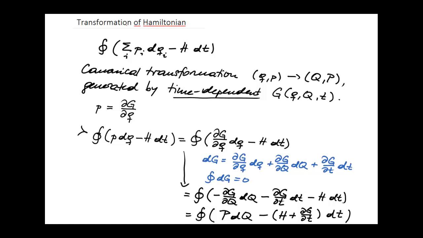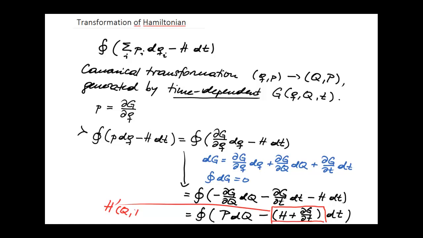Now you see that when you go to new coordinates, this Poincare-Cartan invariant has the same form. It's again P dQ, now in the new coordinates, minus some function times dt. And this function in front of the dt now takes the role of the new Hamilton function. So this has become now H prime. This is the new Hamiltonian.